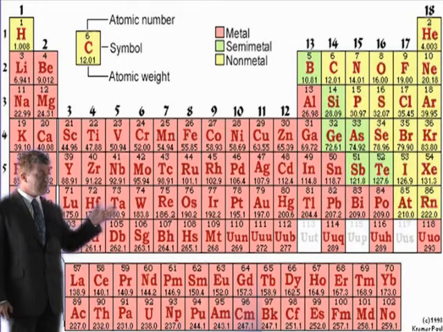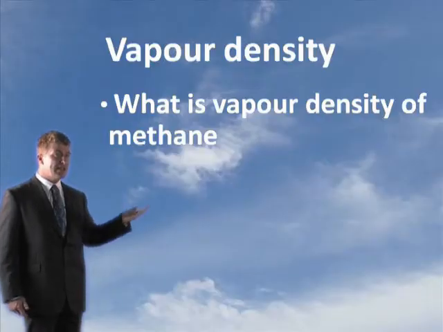And the vapour density is determined by using the molecular weights of the atoms concerned. Now, as you can see from this periodic table here, the molecular weight of carbon is 12. The molecular weight of nitrogen is 14. Molecular weight of oxygen is 16. So, the vapour density of, say for example, methane, let's work it out. CH4.